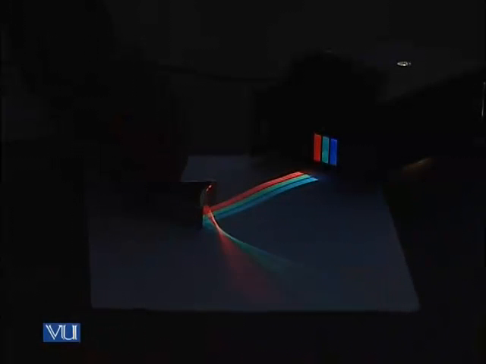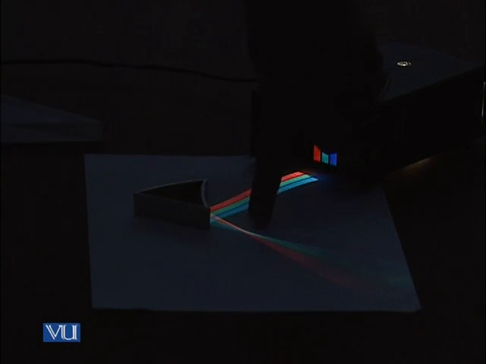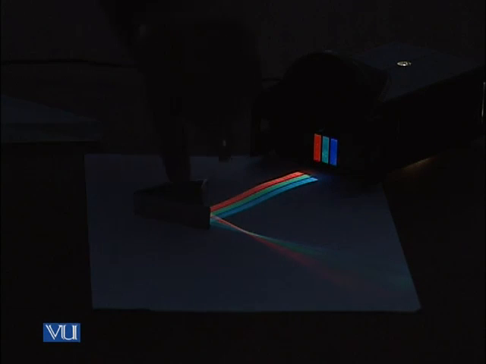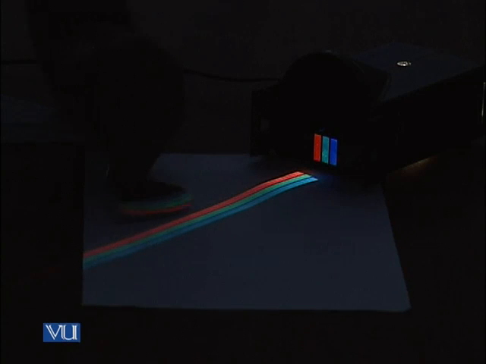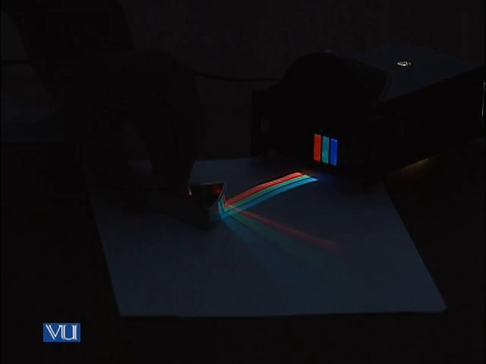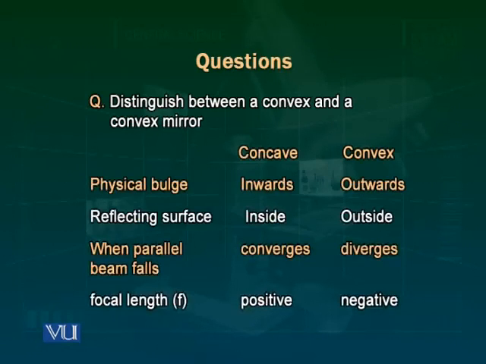When a parallel beam falls on a concave mirror, it converges at a point. When a parallel beam falls on a convex mirror, it expands, or in other words, the focal point is behind the mirror. And of course, in a concave mirror, the image distance, the focal length and the object distance are all positive, and in a convex mirror the object distance is positive and the image distance is negative.